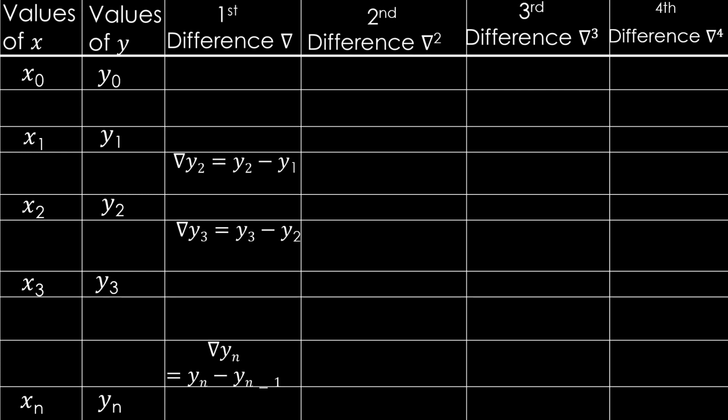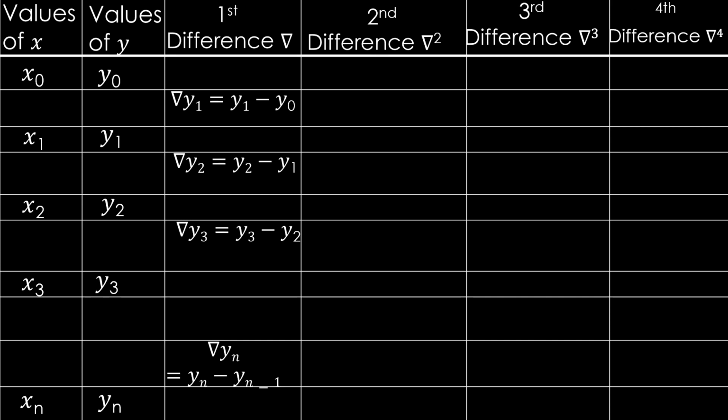The next value of the first difference is del y1 is equal to y1 minus y0, and see the place where it has been written: in the middle of y0 and y1 in the column of first difference. Del y2 has been written in between y1 and y2, and del y3 has been written in the middle of y2 and y3 in the column of first difference. You need to write in the same way.